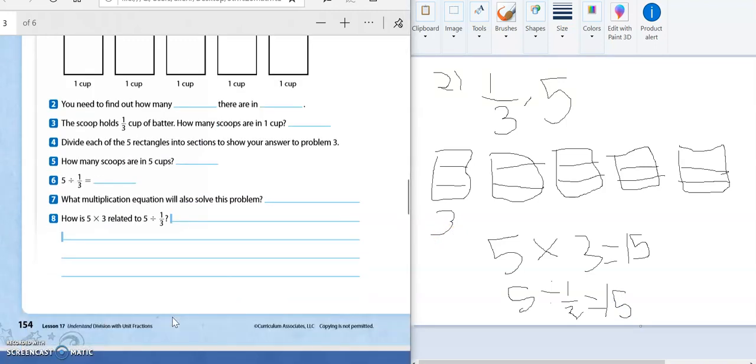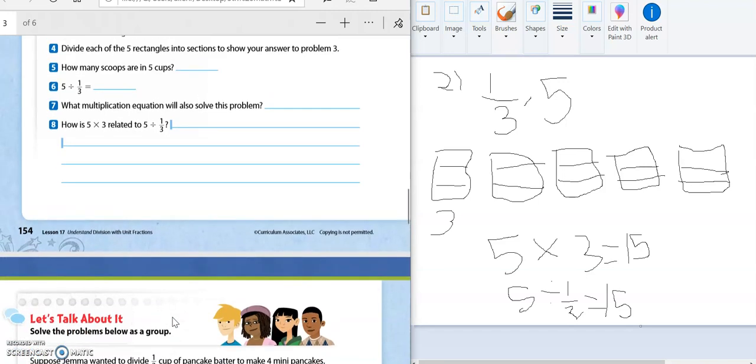Number 7 says what multiplication equation will also solve this problem? And that's our multiplication problem that we did right here. 5 times 3 equals 15. So that's number 7. And then number 8 asks us, how is 5 times 3 related to 5 divided by 1/3? And I would say they both describe the same problem.